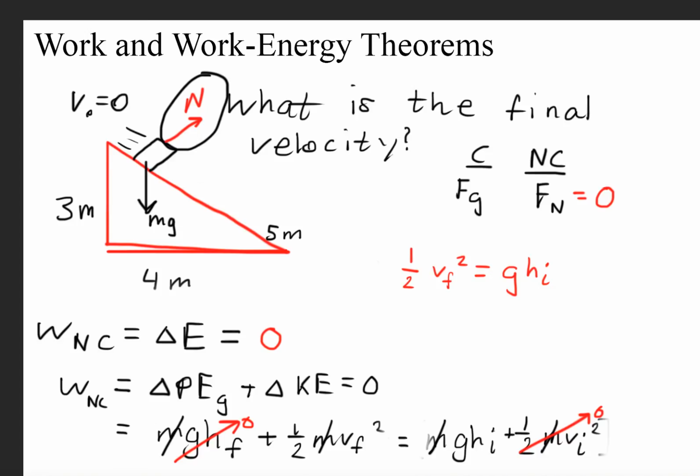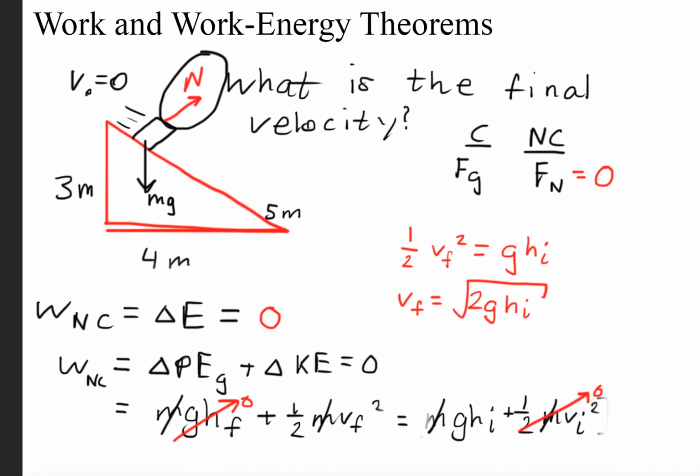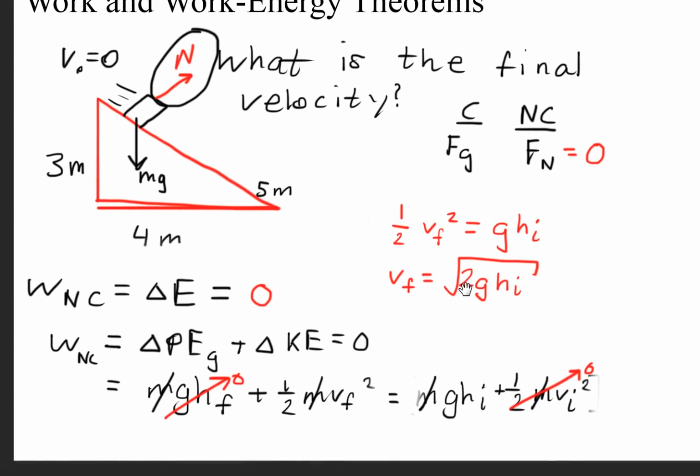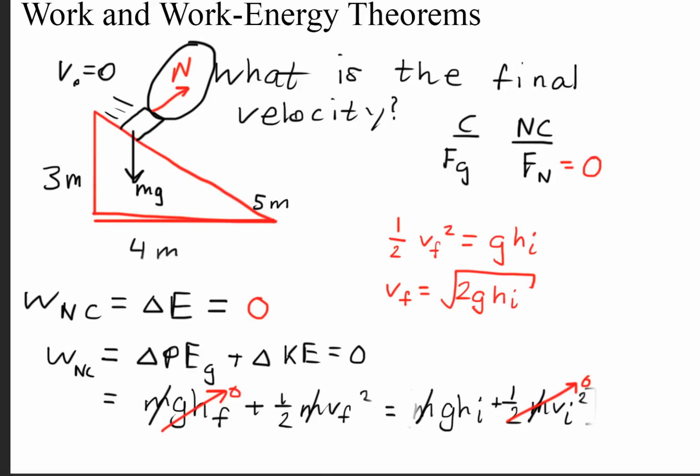And now we want to solve for our final velocity. Let's rewrite it as this equation. And what I did here is I just did some algebra, that way I can get it to look like that. I just multiplied 2 on both sides, took the square root, and it should be a little straightforward there.